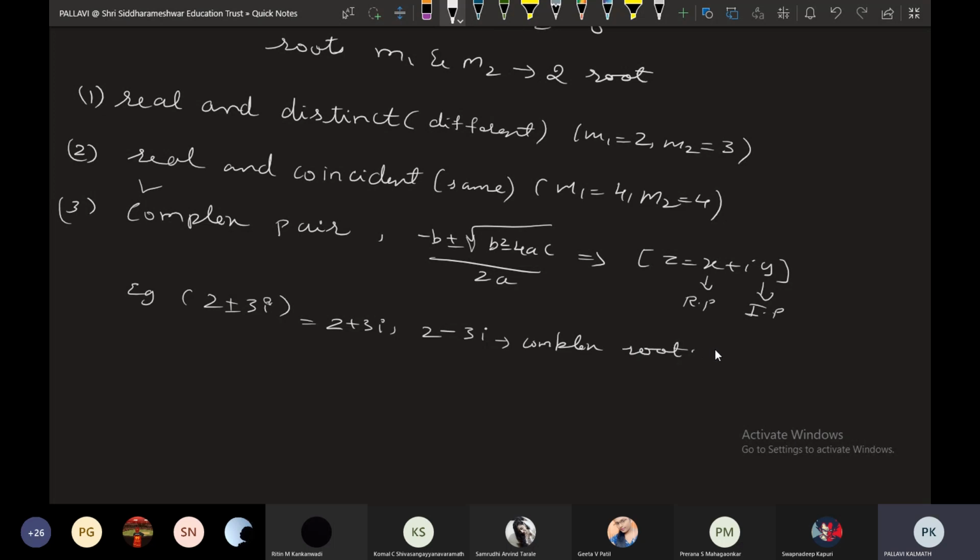These are known as complex roots. So all three types of roots are clear to you. First one is real distinct, second is real same, third one is complex roots or complex pair. We are getting here two values, so it is a complex pair. Have you all written it?